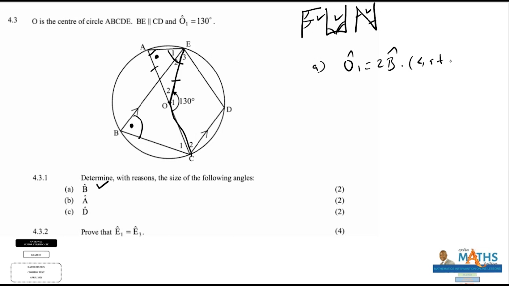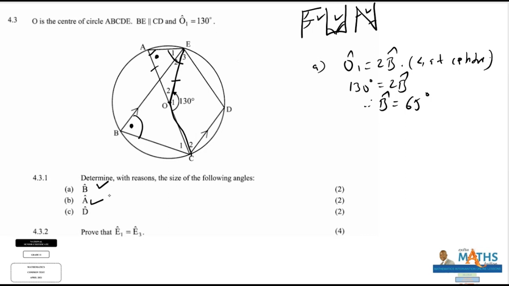Angle at center. Then we set O1 to 130. Therefore, angle B is equal to 65 degrees.